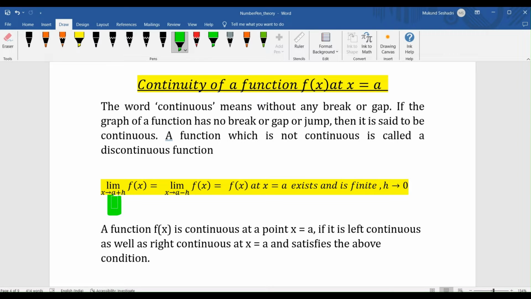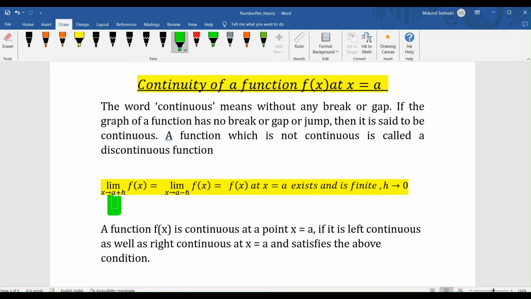Where h is tending to zero, which is infinitesimally small. So how do we actually determine if a function is continuous? If our limits when x tends to a plus equals x tends to a minus equals f of x at x equals a, which means that there is no break in the graph.